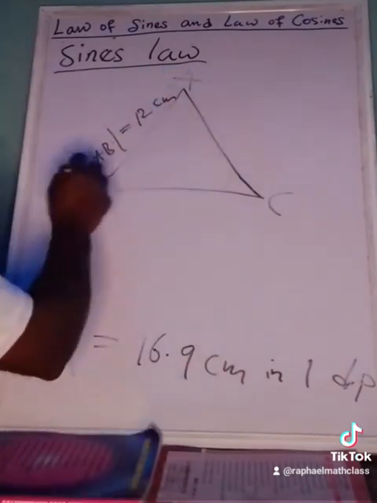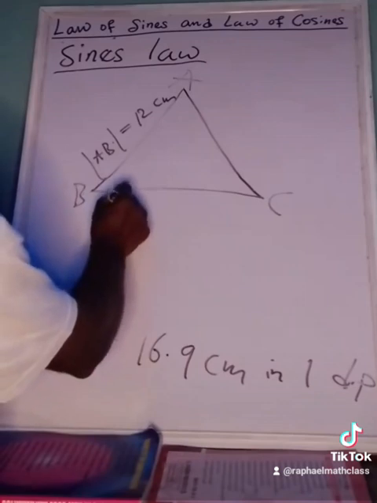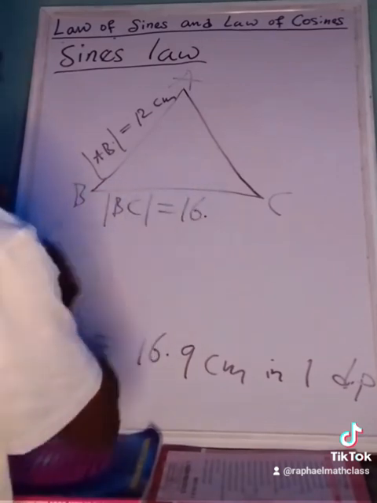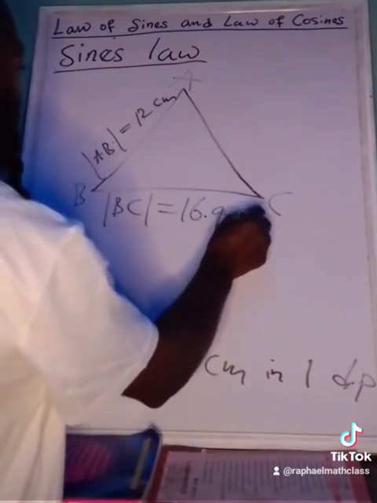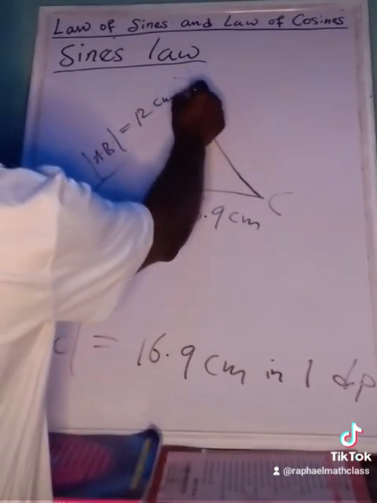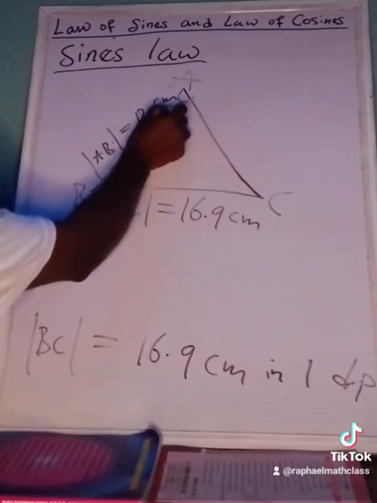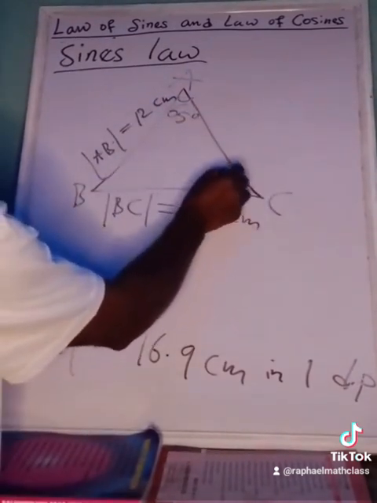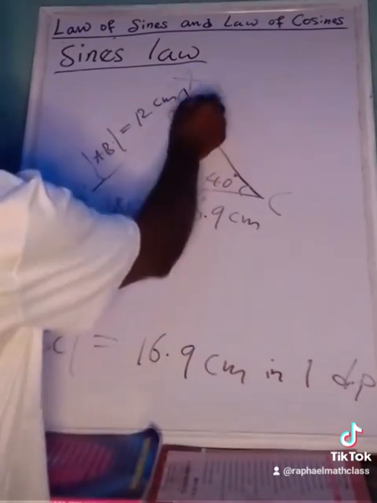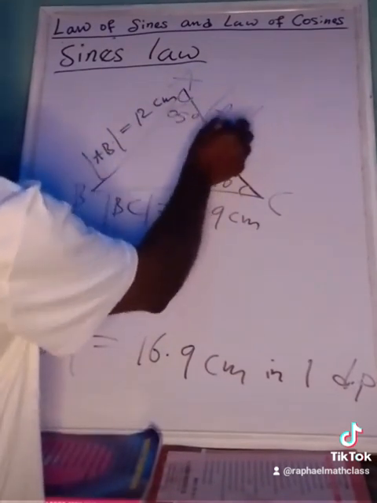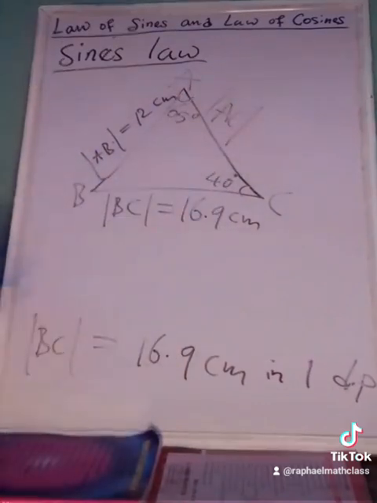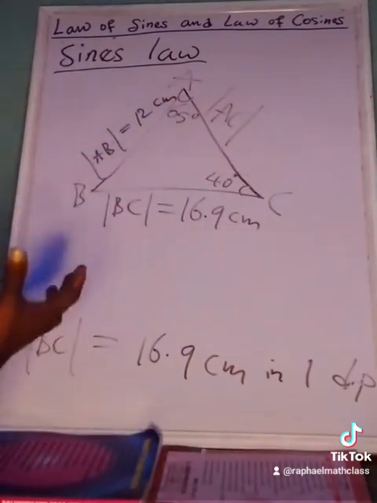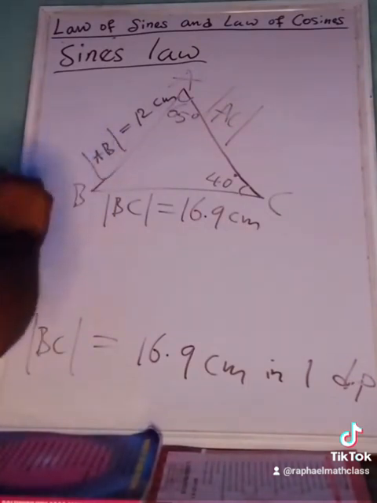Then our side BC is equal to 16.9 centimeter. Remember, the angle here is 65 degree. And remember, the angle here is 40 degree. You understand? This is side AC. We were not asked to find this side. But if we want to find this side, we can simply find it now, because we have already known the values for this side and this side.